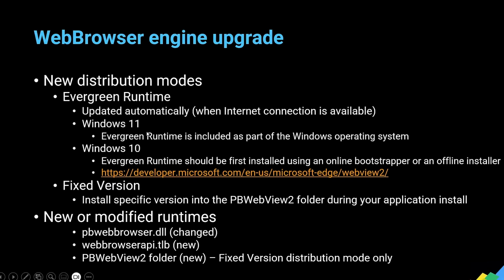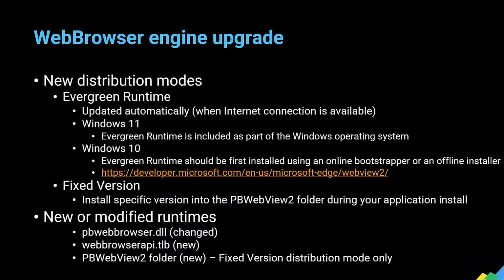The problem with the Chromium Embedded Framework is that when you released a version of your application, you released a particular version of that framework with it. And then if you wanted to update the web browser for security reasons, you'd have to redeploy that runtime. Now, with the Evergreen runtime, you don't have to worry about that anymore. Windows will automatically update it and keep it up to date.